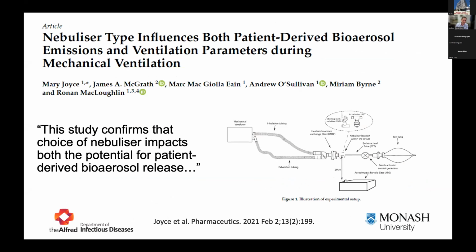Also interesting to look at this study, which I won't talk about in detail, but which just compared different types of nebulizers and the fact that the choice of nebulizer device itself impacts on the potential for patient-derived bioaerosol release. So I guess suggesting that we can't just talk about nebulizers, that we need to talk about particular types of nebulizers.